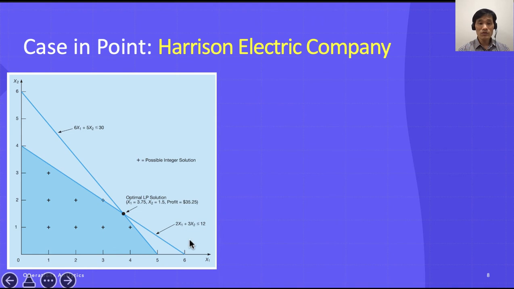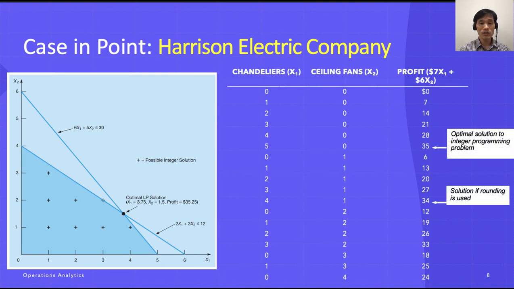Listing all feasible solutions and selecting the one with the best objective function value is called an enumeration method. Obviously, this can be quite tedious for even small problems, and it is virtually impossible for large problems, as the number of feasible integer solutions is extremely large. But look at this table.